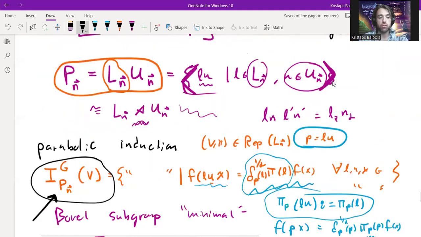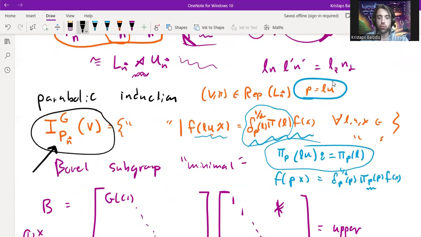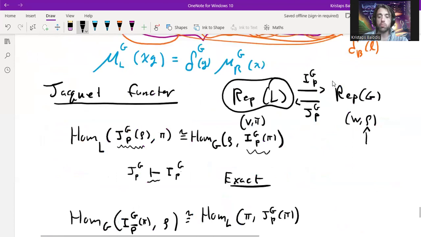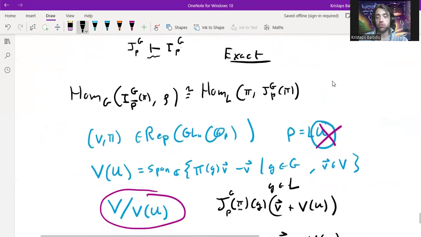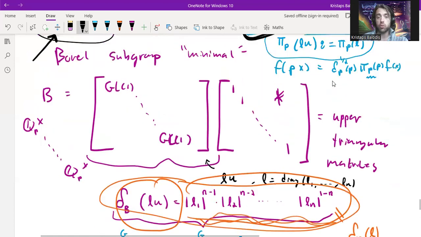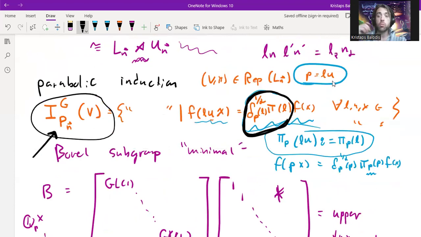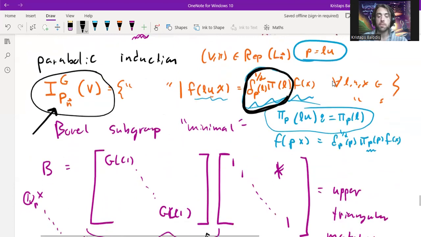But now, remember, the other thing I did with normalized parabolic induction is I gave this little twist. We inflated to the full parabolic, and I put in this normalizing factor, specifically multiplying by a character to the positive 1/2.